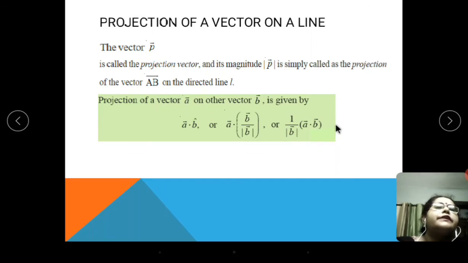We can write this projection of a vector A on another vector B as A dot B by mod B. Or in other words, A dot unit vector of B. So this is again a very important result, that the projection of a vector A on another vector B can be given by the dot product divided by the magnitude of B, or rather A dot the unit vector in the direction of B.